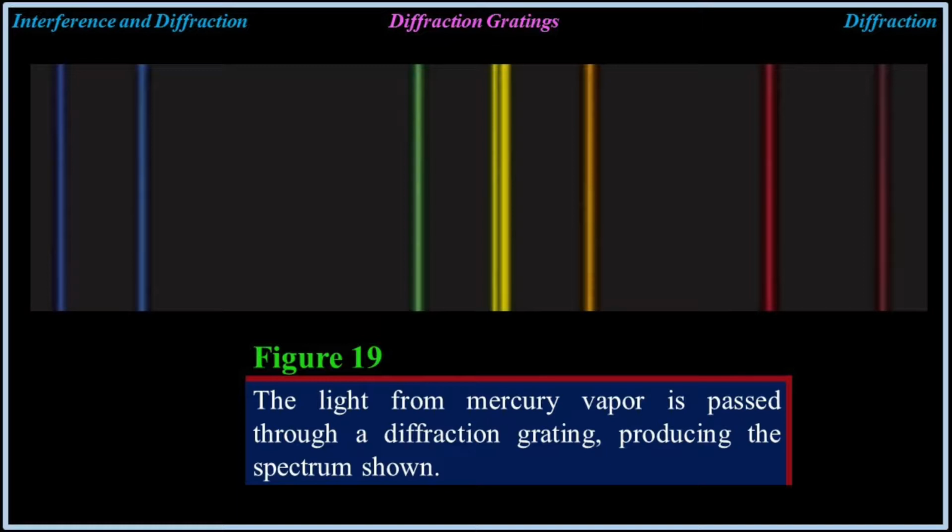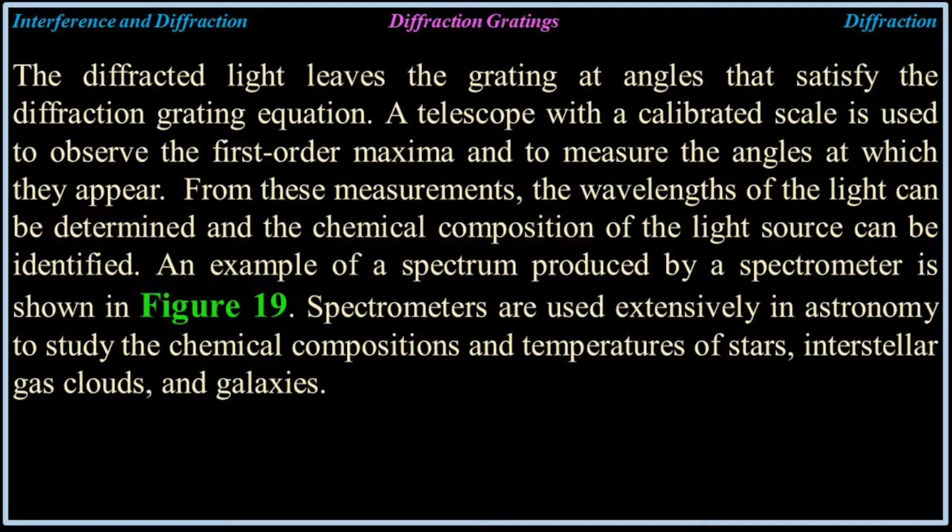Figure 19 is something which may be familiar from chemistry. The light from mercury vapor is passed through a diffraction grating, producing the spectrum shown. Roy G. Biv, but backwards. The diffracted light leaves the grating at angles that satisfy the diffraction grating equation.